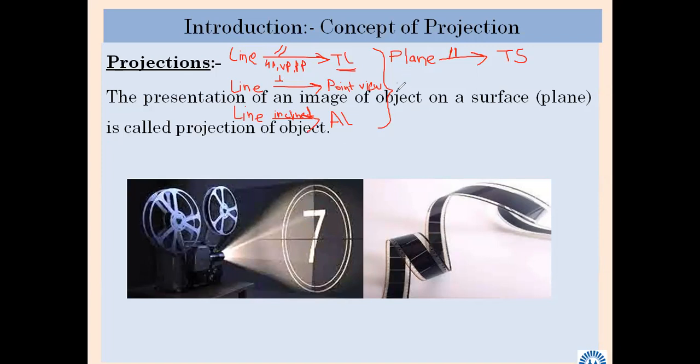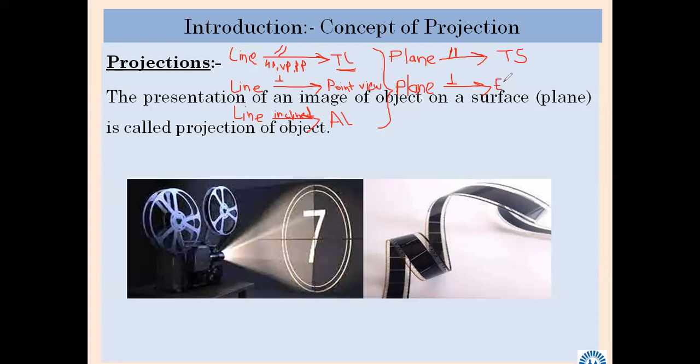Similarly, this we are going to see; I am just telling well in advance. If a particular plane is perpendicular to any reference plane, HP, VP, or PP, it will show its edge view.